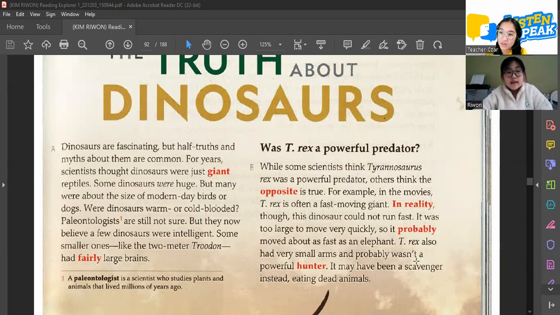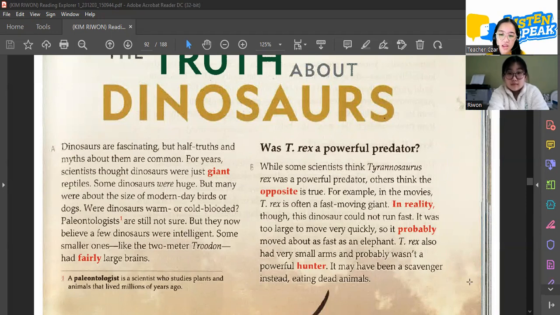So the T-Rex, then, doesn't hunt, just eats the rest of it. Yes, if they see the remains of other animals' food, they will just eat it. Like for example, a falcon, or those birds that eat the remains of other animals' food.